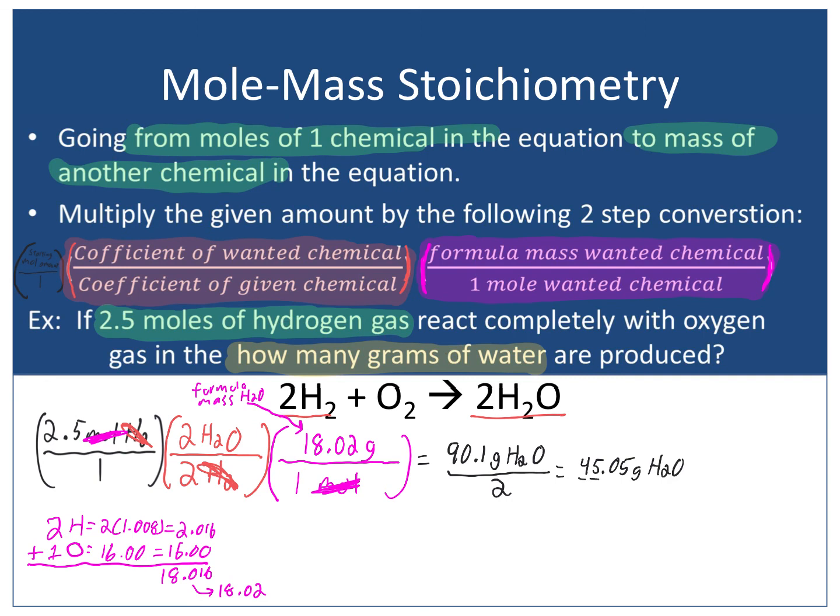I have 2 sig figs in 2.5. So the 4 and the 5 are my 2 sig figs. 0 tells me not to round. Keep my number the same, so I got 45 grams of water as my answer if I followed all my sig fig rules as well.